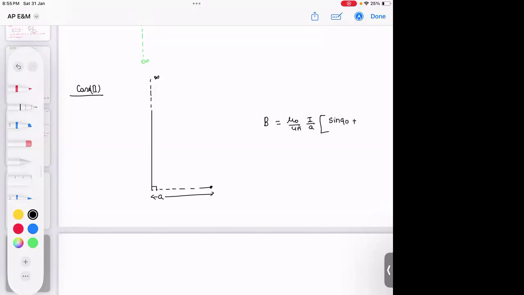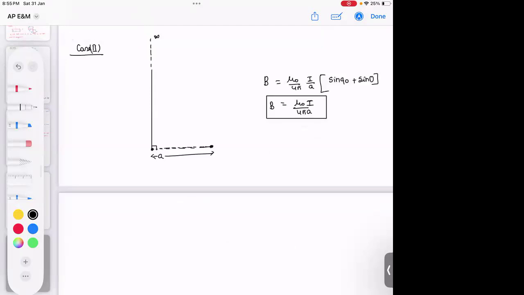What about the other angle? The other angle can be 0 or can have some other value also. But in this question, if you look at the second end, this point is on the perpendicular line itself. So the other angle will become 0 in this case. So what are we getting? Mu naught I by 4 pi A we are getting. Clear?